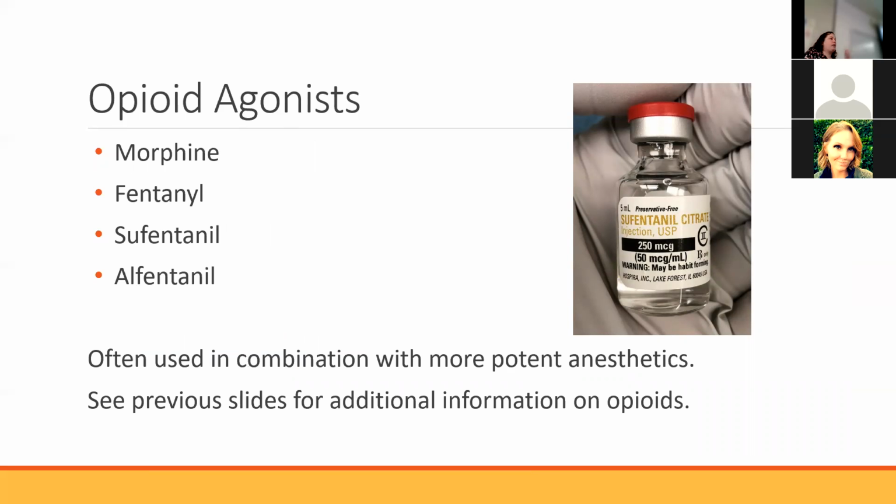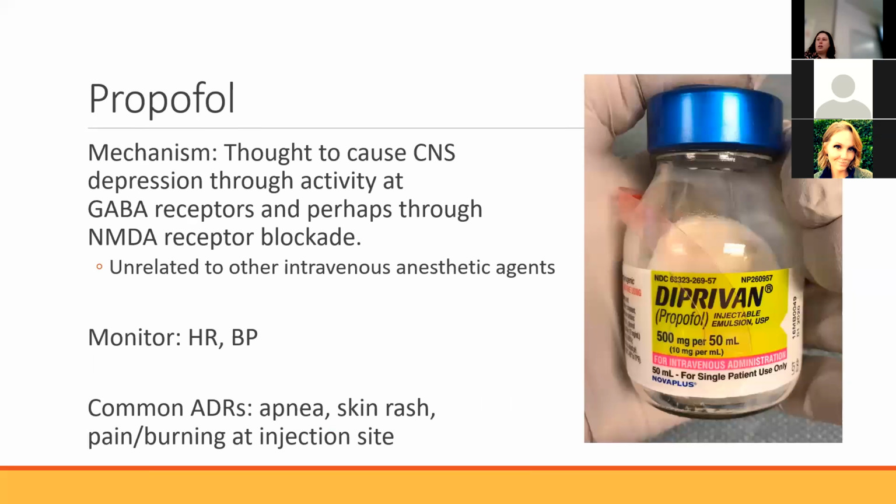Opioids, again, have to be used in combination with an anesthetic, because they give the analgesia, but not the anxiety relief or the actual anesthesia. Propofol works very similarly to benzos, but is a little bit special and different. Again, though, no pain control.